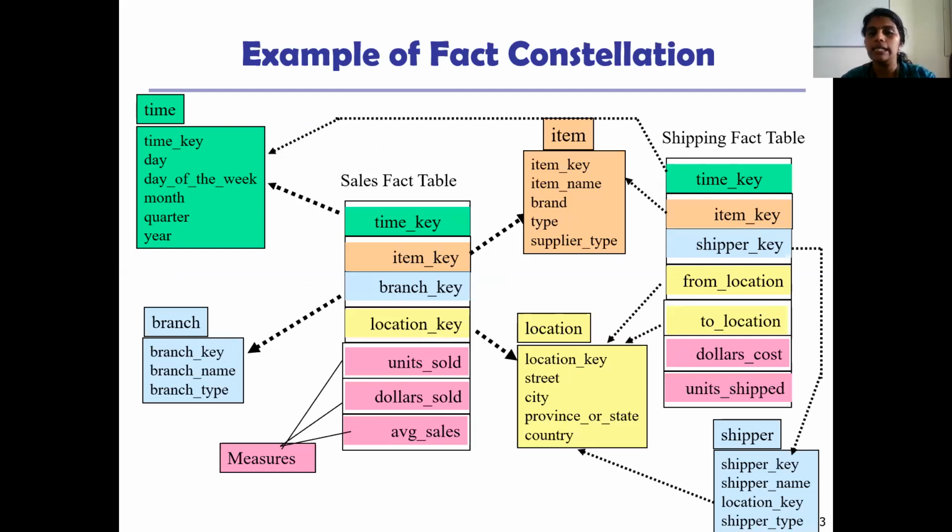Can you see that? Now branch is a dimension table specific to the sales fact table, and shipper is a dimension table specific to the shipping fact table. So this is an example of fact constellation.